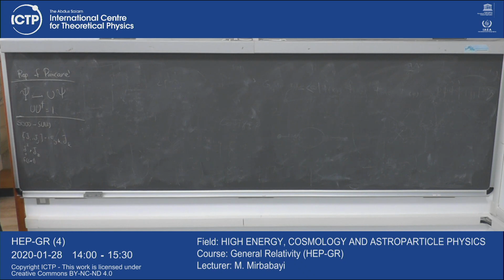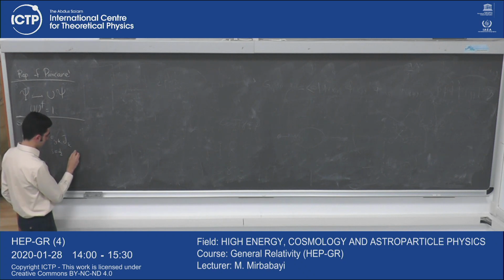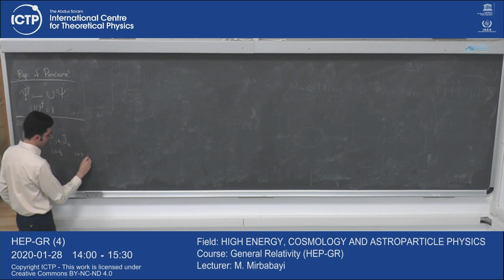Is it correct? Yeah. And then J_z goes from minus S to S. So now if we consider S equals 1/2, we only have two possibilities: plus and minus.